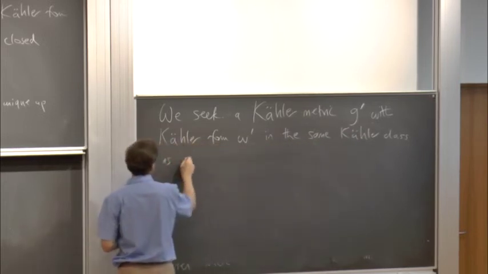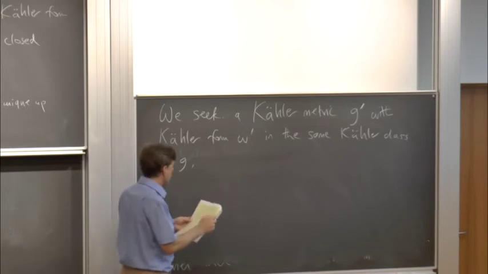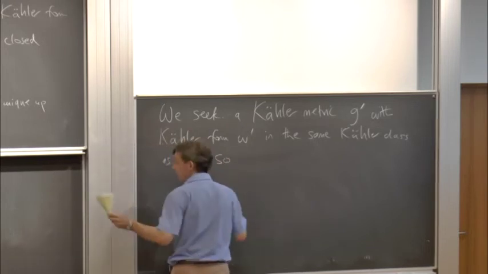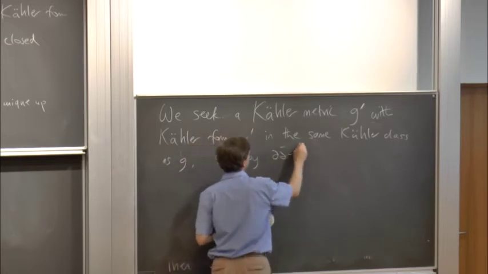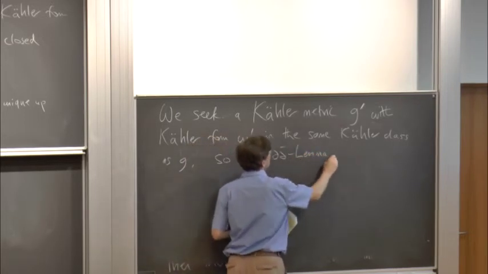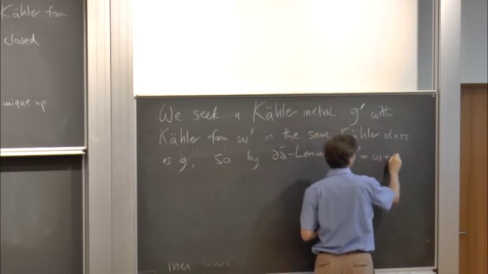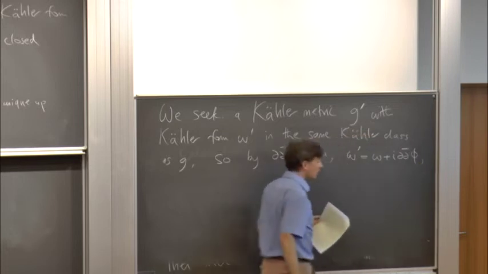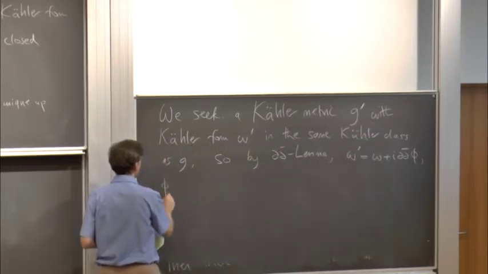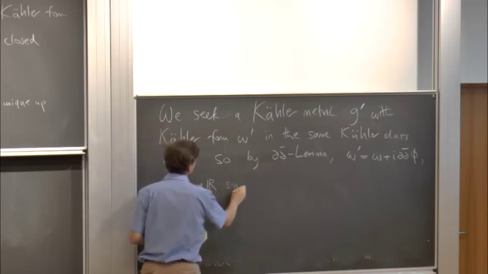So, again by the dd bar lemma, we can write omega prime is equal to omega plus i d d bar phi, where again phi going from X into the reals is smooth.